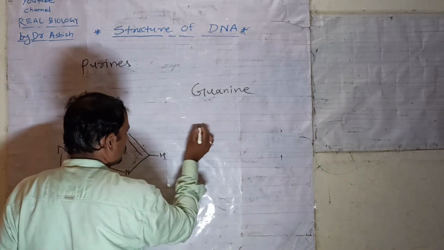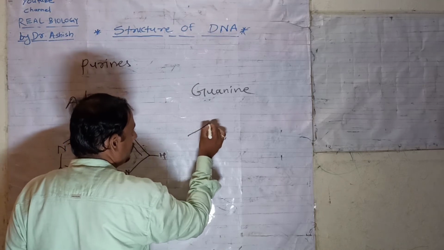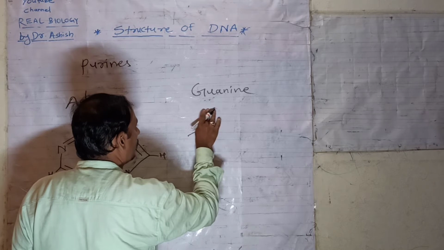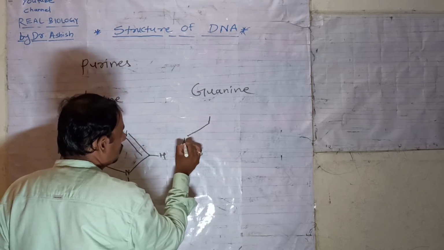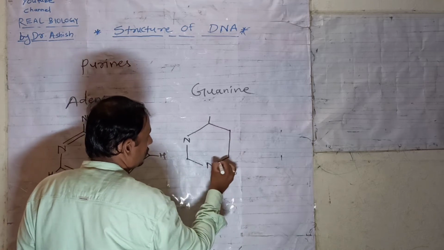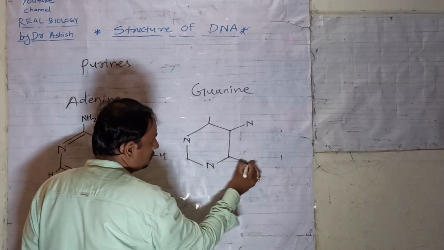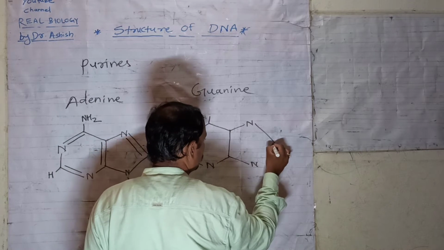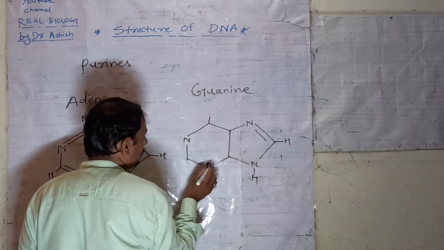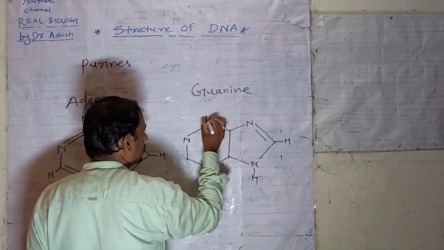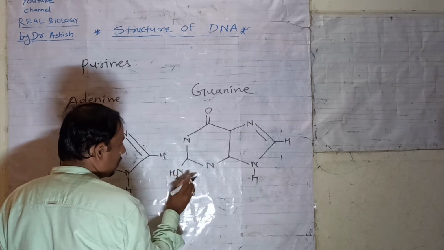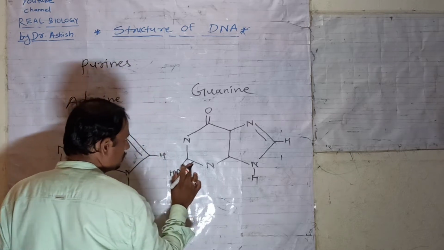Now let's see the structure of guanine. Guanine contains NH2 at the bottom position. So nitrogen, nitrogen, then in the second ring, nitrogen, nitrogen, and the structure of guanine is complete. It contains an O and an NH2, so the amino group is present at this position here.